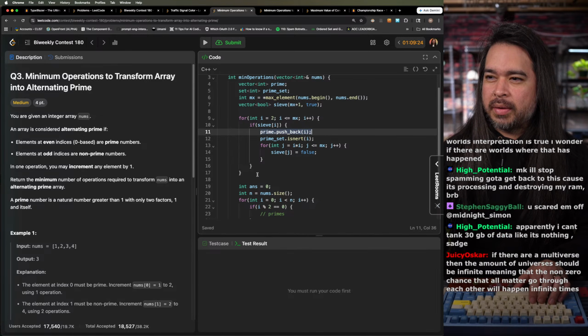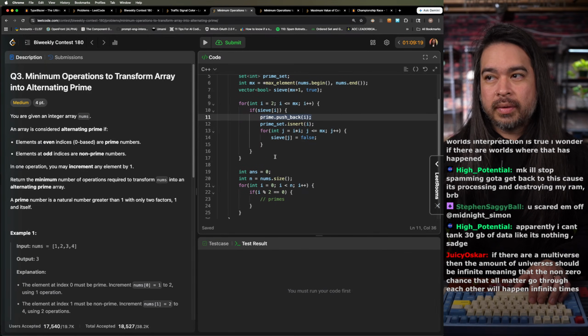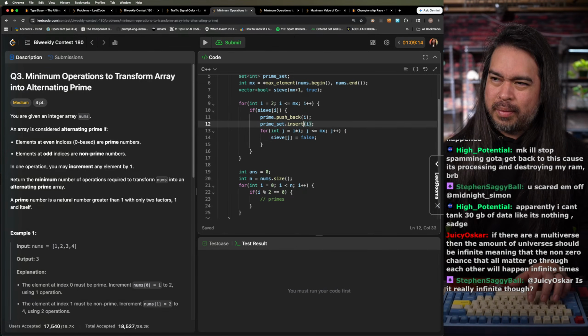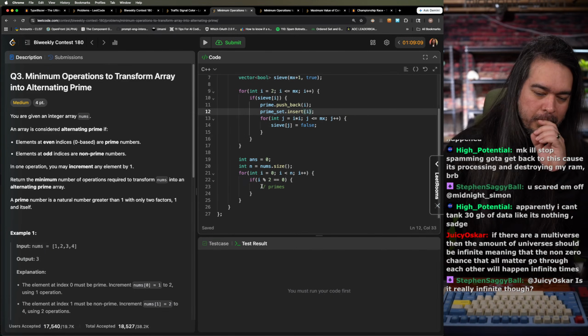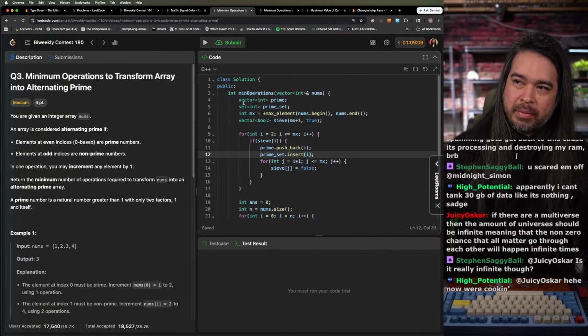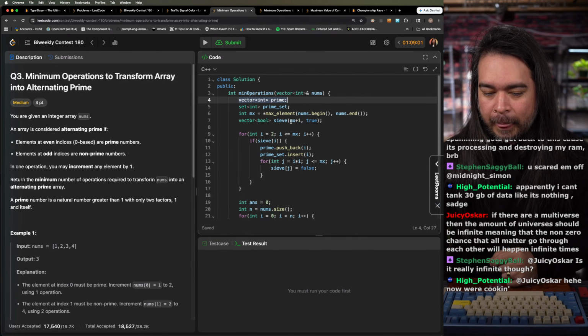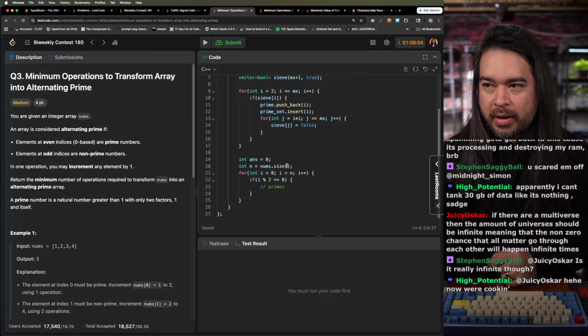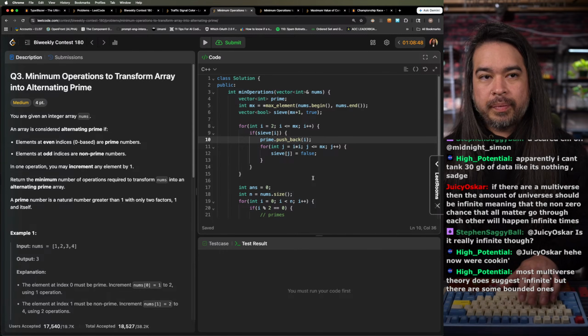Or we could do, we need the set? Maybe the sorted vector is enough if we did a lower bound. Yeah, maybe we don't need that. We can just do the lower bound, man. That's what I'm thinking.